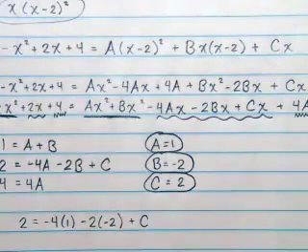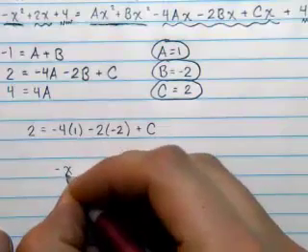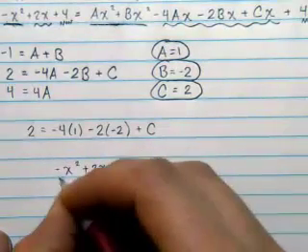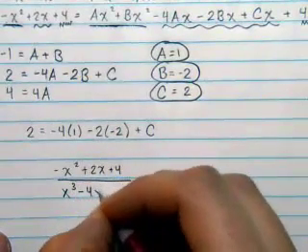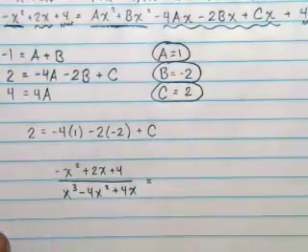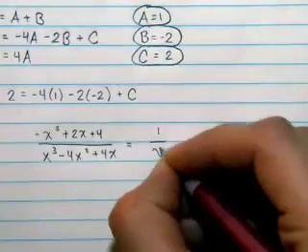And now we can go back to the original decomposition of all those fractions and write out our answer then. So we're going to have negative x squared plus 2x plus 4 over x cubed minus 4x squared plus 4x equals, A was 1, so 1 over x.